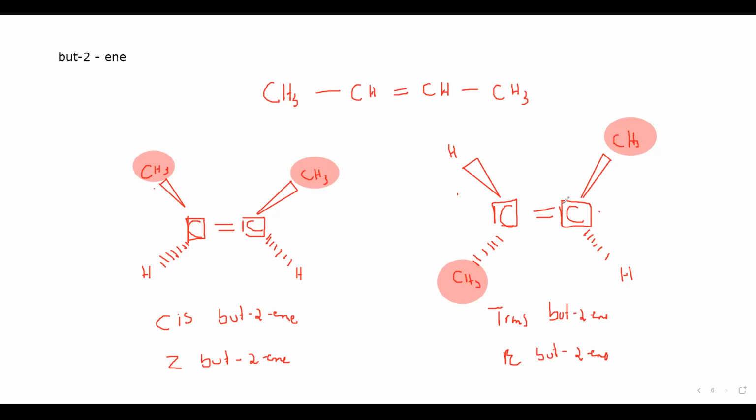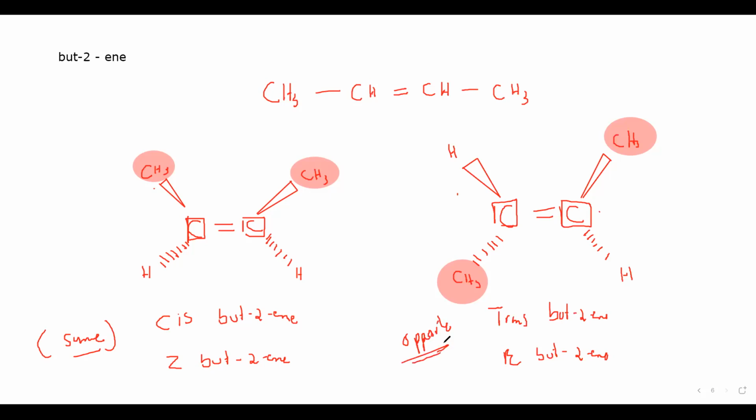So there is a restriction in the geometry that the other 2 which are attached to a carbon can be in or out. And due to this restriction in the geometry, it will give rise to another kind of isomerism known as geometrical isomerism. When the heavy groups are on the same side, we use the term cis or Z. When they are on the opposite side, we use the term trans.